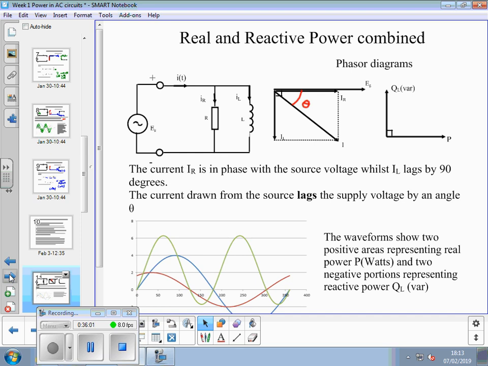We're going to consider now a load where we've got resistance R and inductance L in parallel. So we've got a current flowing here, IT. Looking at the slides, we get an IR down through the resistor and an IL down through the inductor.